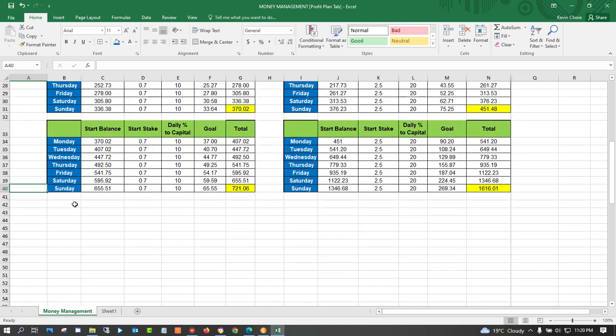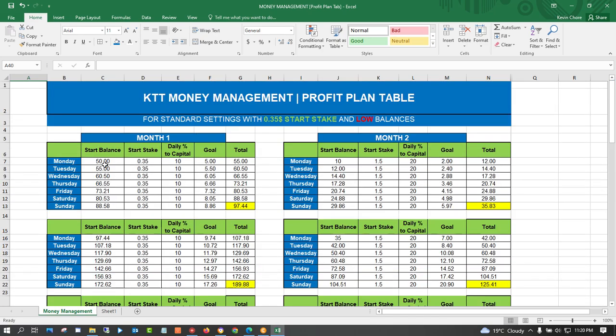But a month has about 30 days. So if you start with $50 and the lowest stake, which is $0.35, and you target your daily capital of 10%, your end goal will be 5, because 10% of $50 is 5. This will be your total.